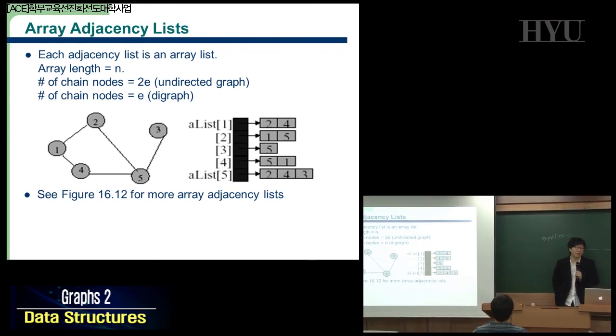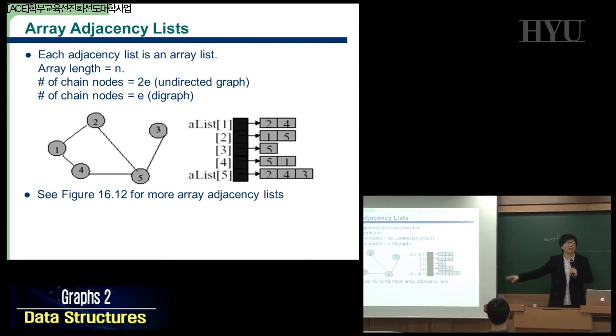My advice is, if you have too many nodes and not many edges from a single node, maybe this is the way to do it. If you have too many nodes, but there are lots of connections between the nodes, then maybe the matrix is the way to do it.